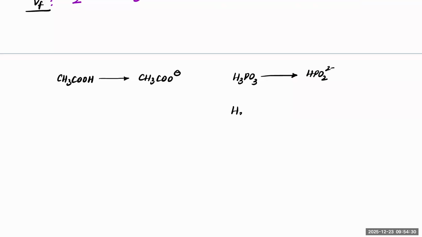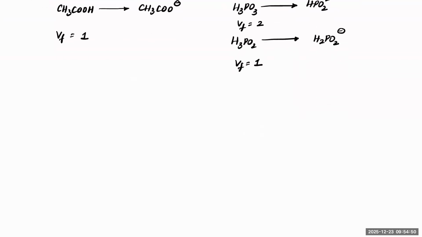If you have H3PO2, it can become H2PO2 minus. Now, if I ask you the valency factor in the first case, the answer is 1. In the second case, the answer is 2. In the third case, the answer is 1. Why is that so? Check out the buildup of the structure.